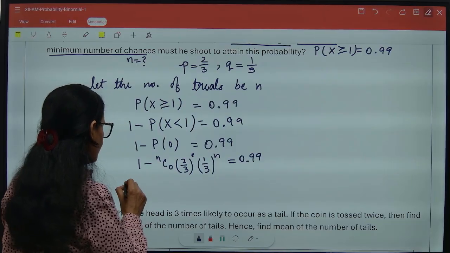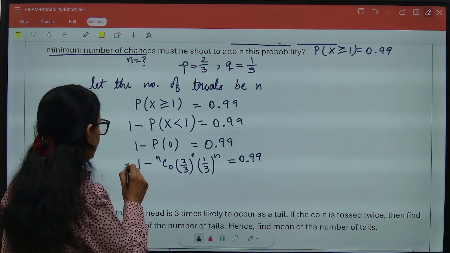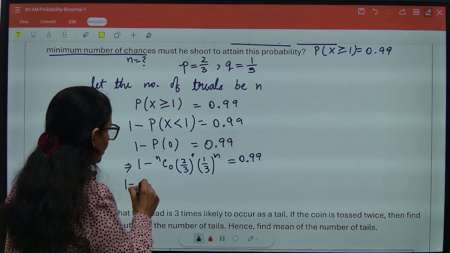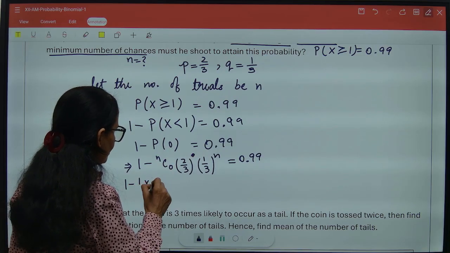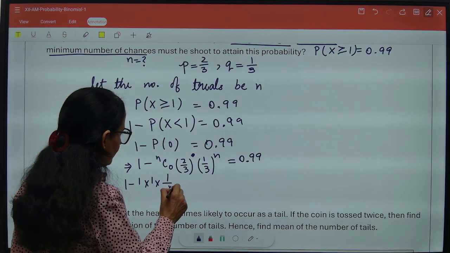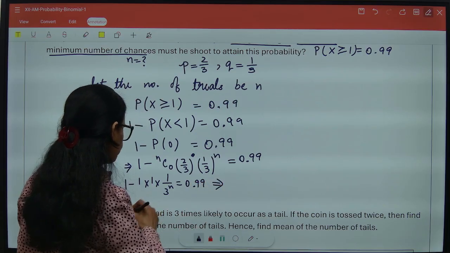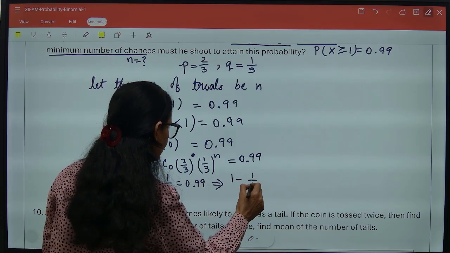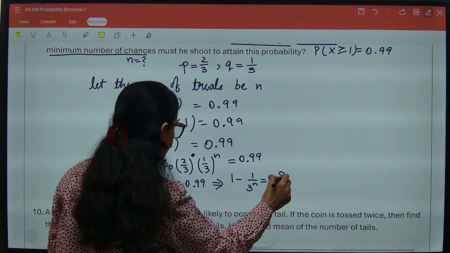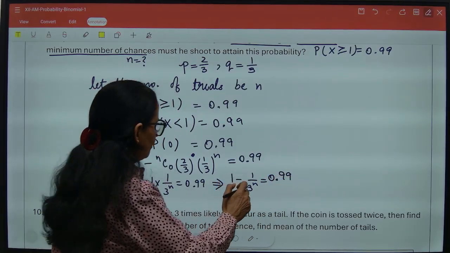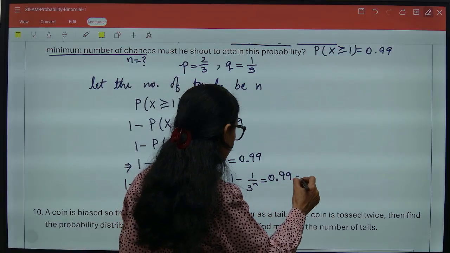So 1 minus, nC0 is 1, 1 into (2 by 3) to the power 0 is again 1, (1 by 3) to the power n equals 0.99. That means 1 minus (1 by 3) to the power n equals 0.99. Bring this to the left side and 1 upon 3 to the power n to the right side.